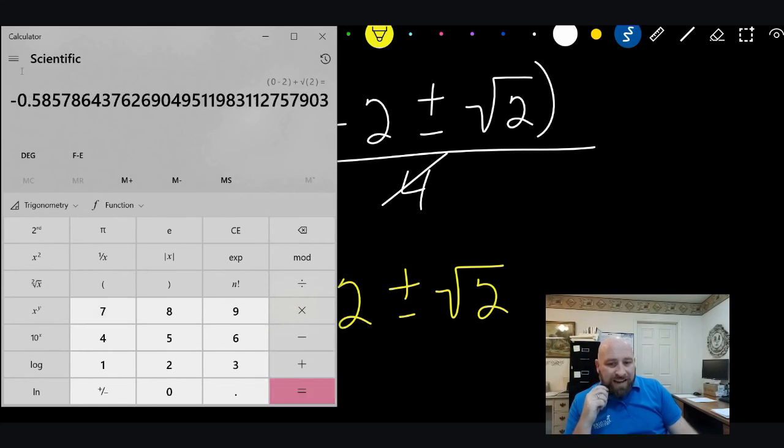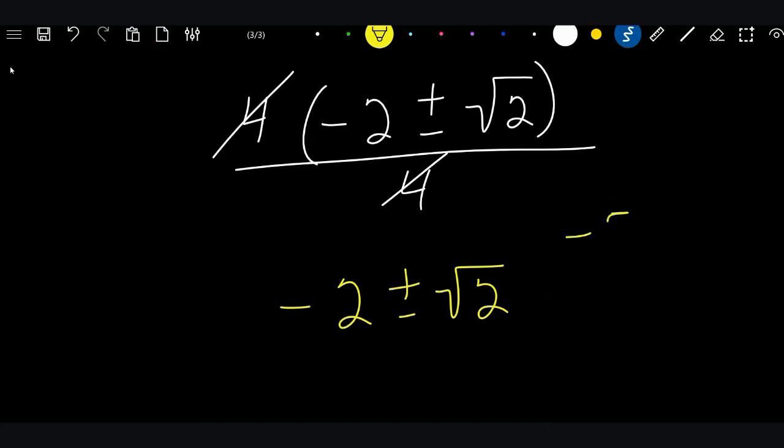And there it is, negative 0.585. It depends on how far you want it to go. The book typically says you can do it to 2 decimal points. So in decimal form, this is going to equal negative 0.59.